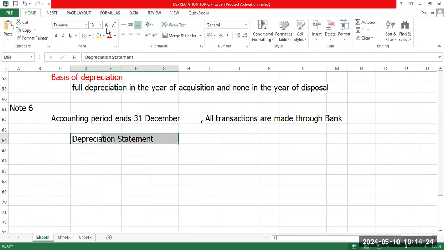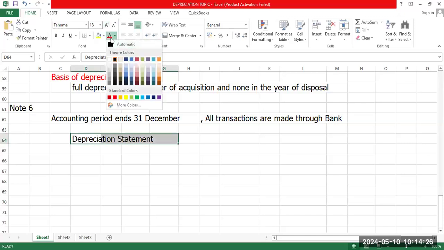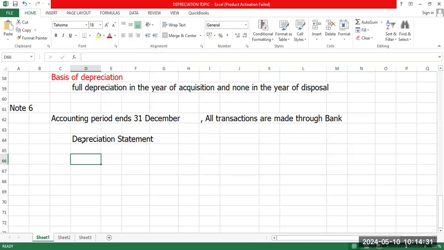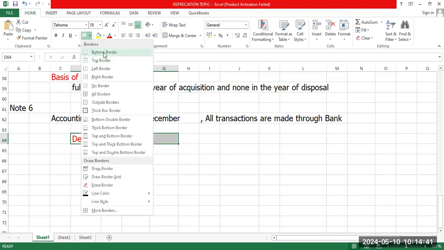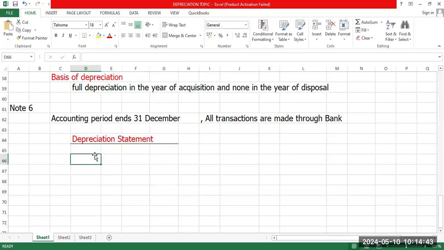Before I do anything, I always start with the depreciation statement. All of us have the way we attack questions. We have different strategies, but this is the first strategy I use when I'm attacking this number.